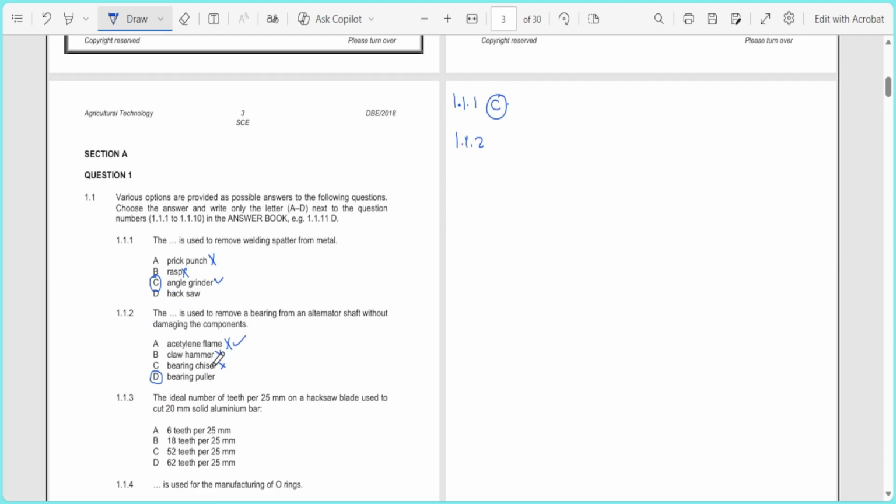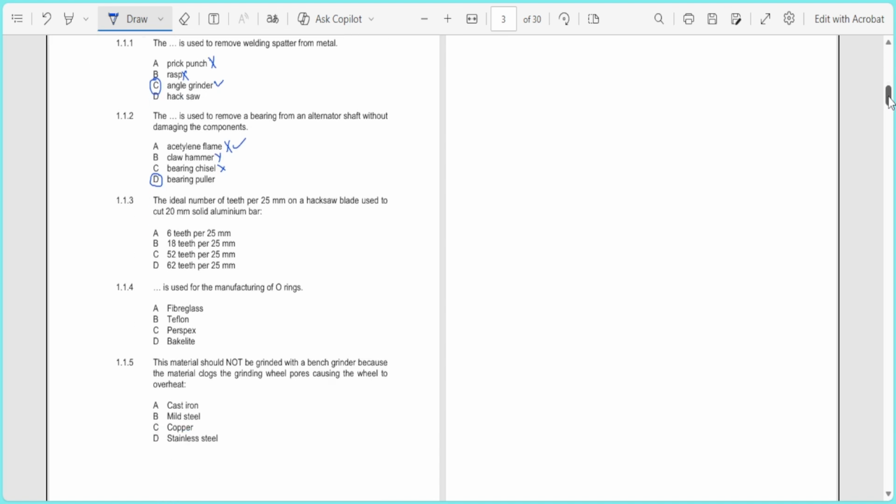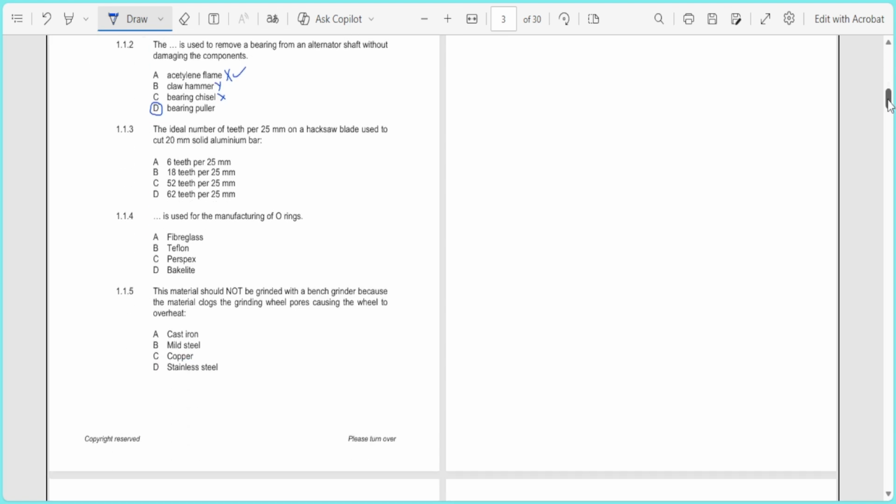This could also damage the bearing and the shaft through impact. So when using the claw hammer, it could cause some damage as well. What about the bearing chisel? The bearing chisel could score and damage both components as well. So it's not a suitable tool or method for removing the bearing from an alternator.